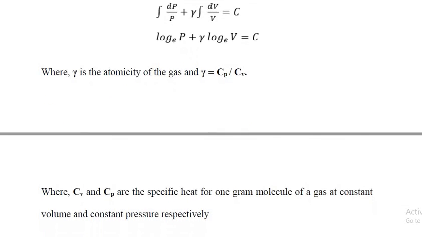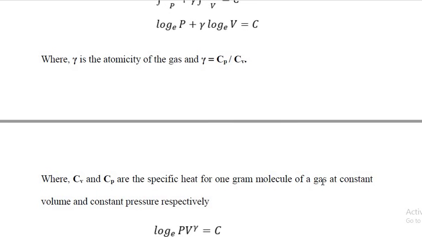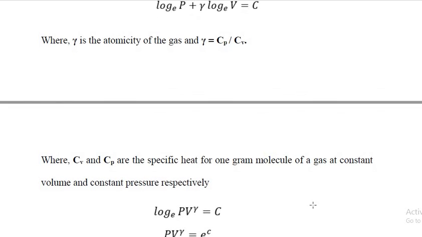Applying the logarithmic rules, the product rule and the addition rule, we can write log to the base e of P V gamma equal to C, which is a constant.